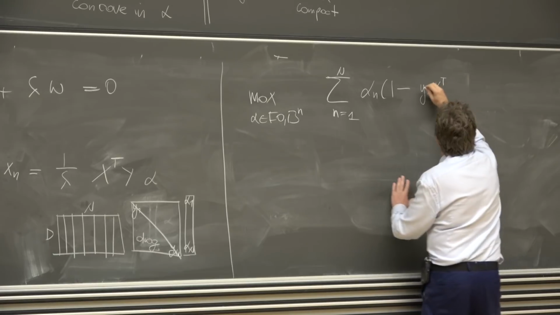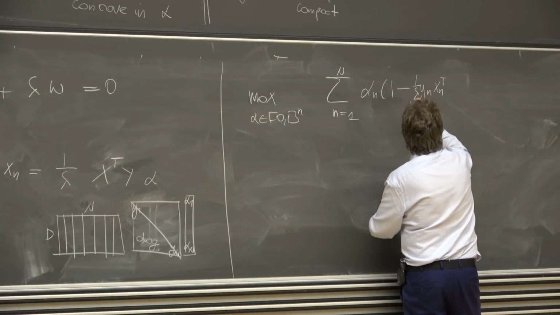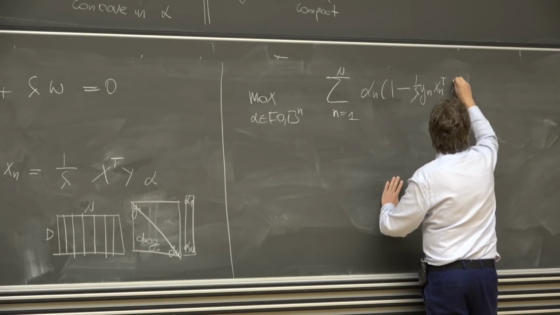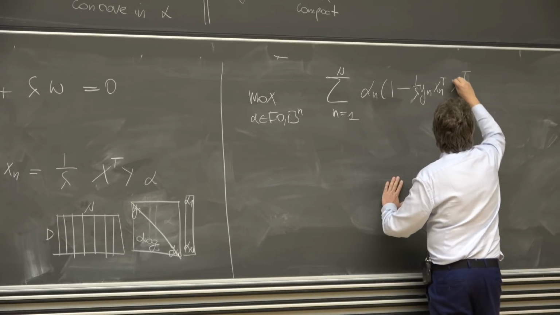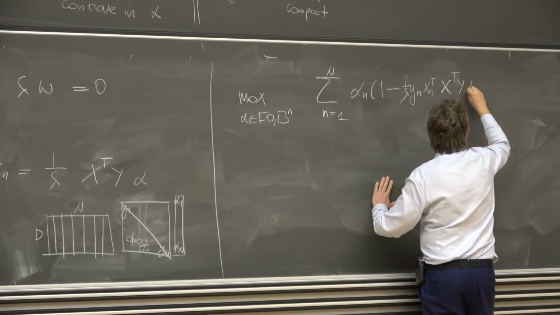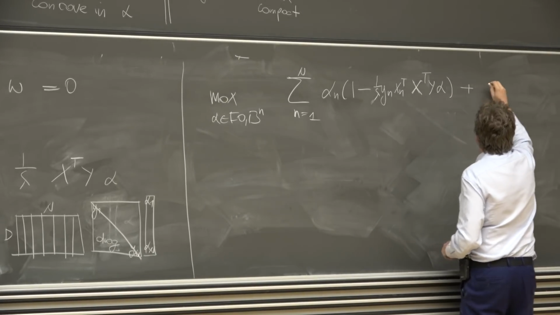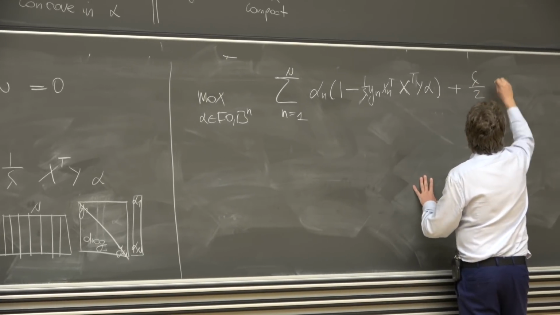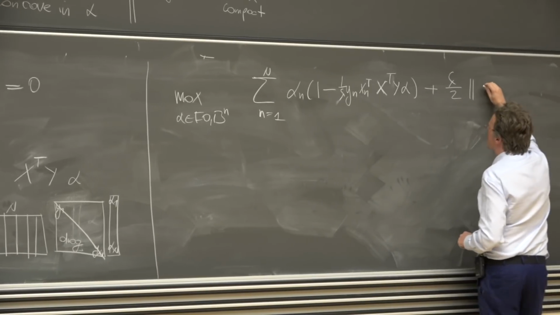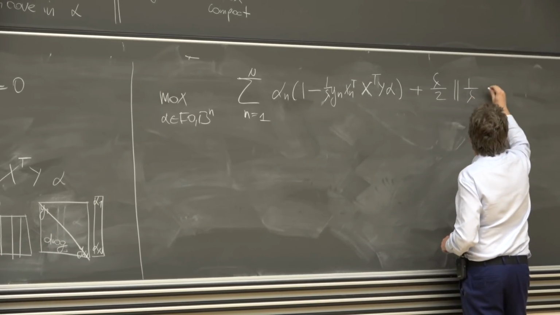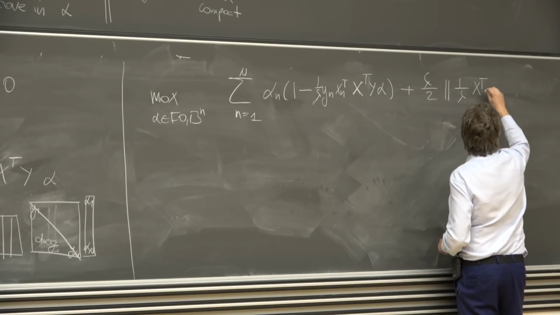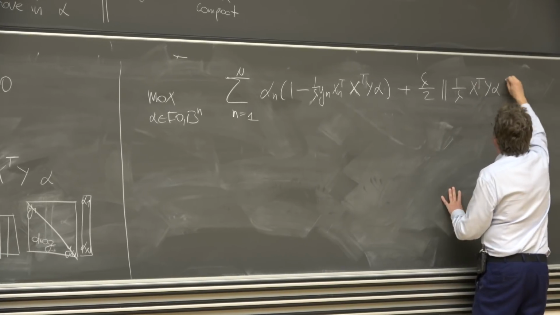It's 1 over lambda. So we have here somewhere a 1 over lambda. And then we're having here x transposed, but it's the large X, the Y, and the alpha. And then we're having here plus lambda over 2. And then we're having here 1 over lambda X transposed Y alpha.